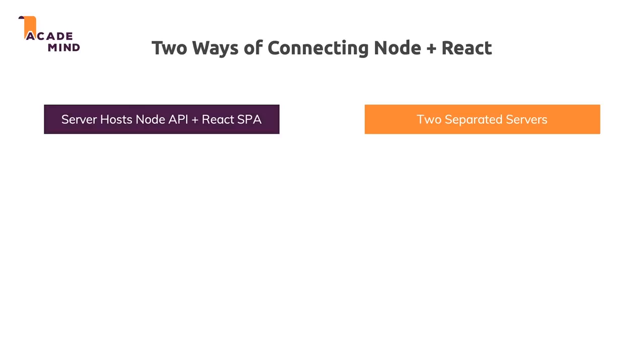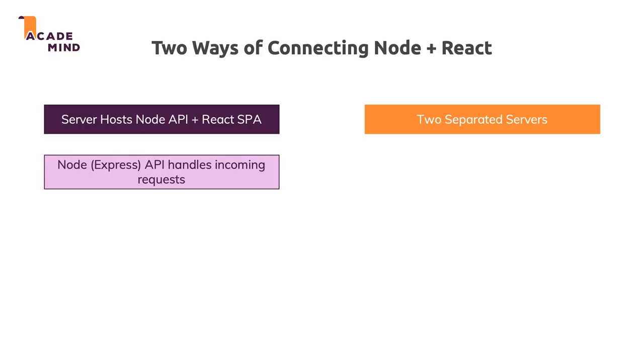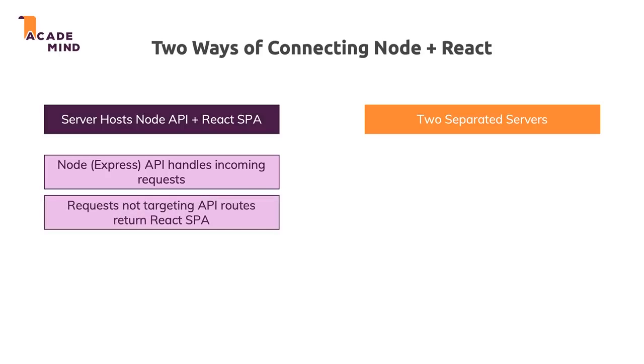So, if we take a closer look, for the left case that we have one single server, we have a NodeExpress API which handles incoming requests on that server. For example, under /API, any requests targeting these paths might reach our API. And requests which are not targeting our API routes would return the React single page application in the end.